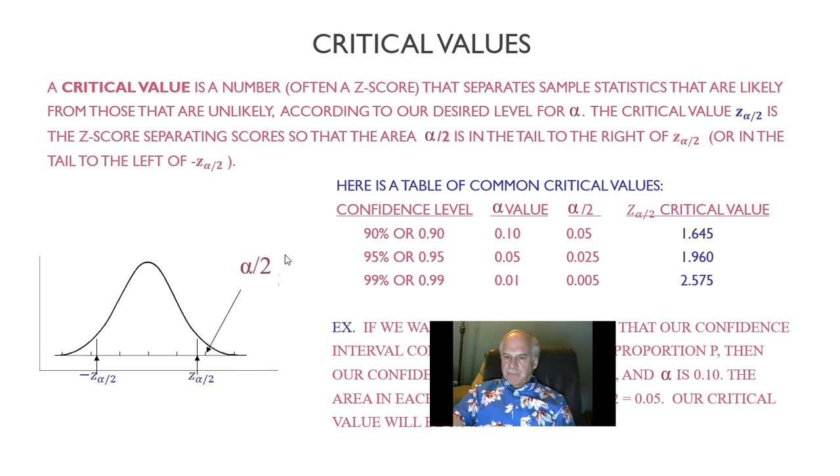So alpha is the probability that it falls outside the critical values, and when you have a 90% confidence level, then your alpha value is 0.10. It's always 1 minus that, and then your alpha divided by 2, or area under one tail, is half of that, so 0.1 divided by 2 is 0.05.